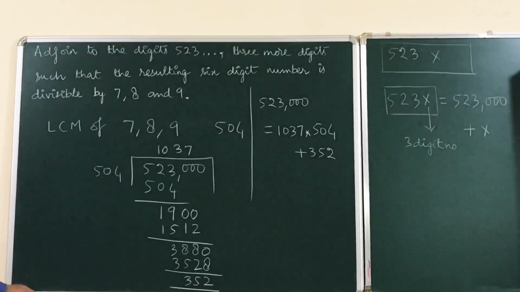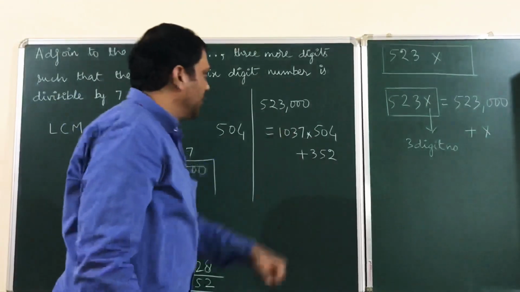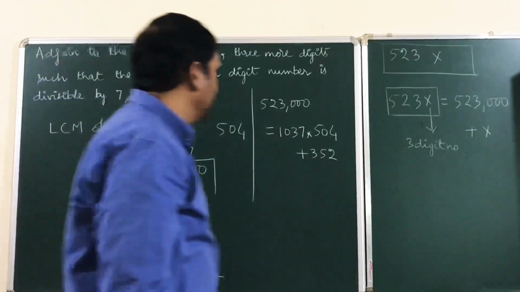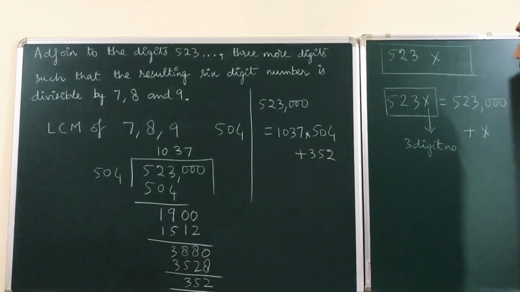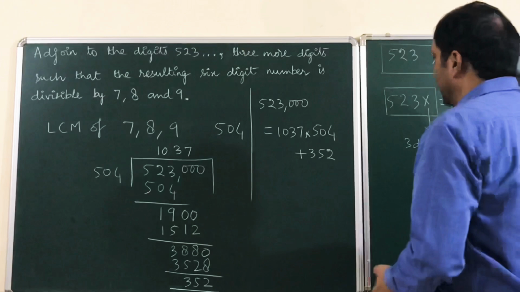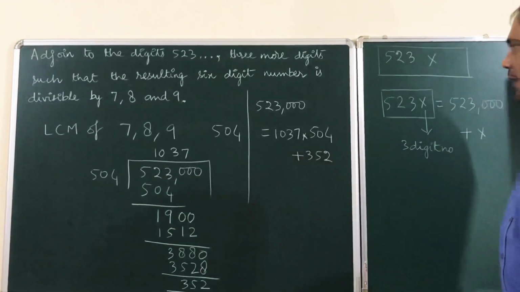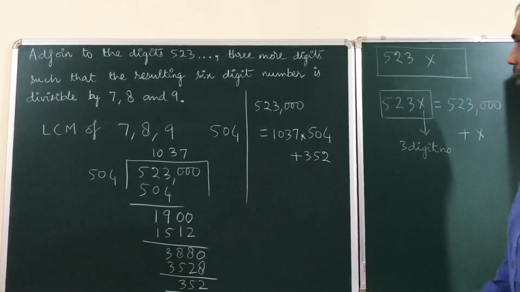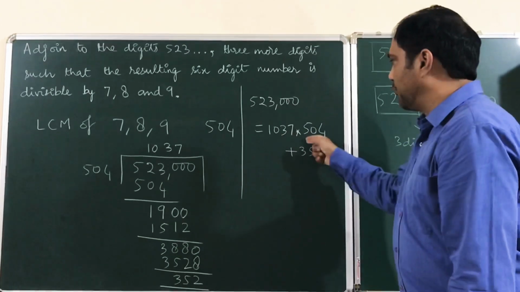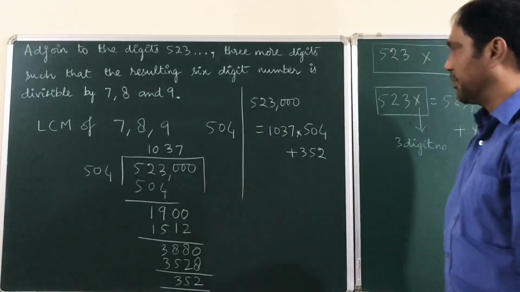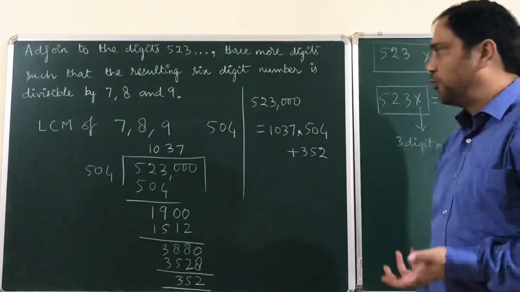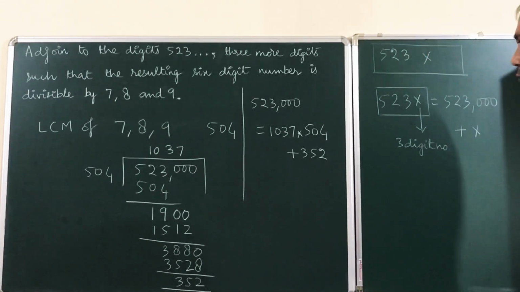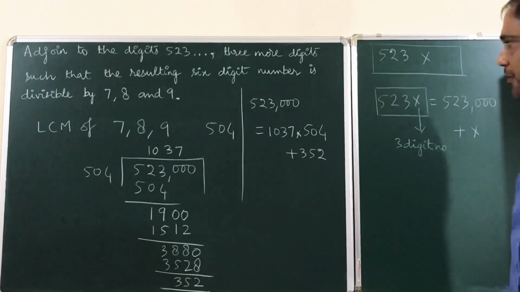So you can see the remainder which I am getting when I am dividing by 504 is 352. So what more we can add to 352, so that automatically it becomes a multiple, when 504 is multiplied by 1037 and the remainder we are getting is 352.